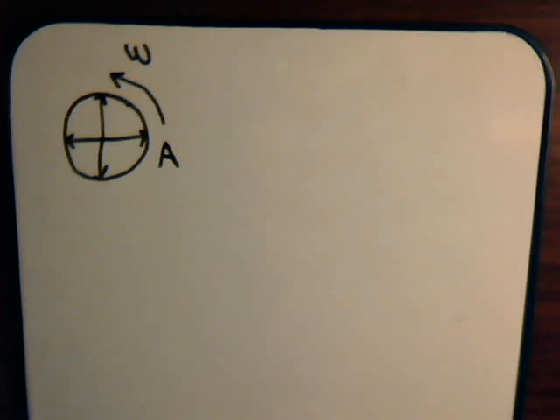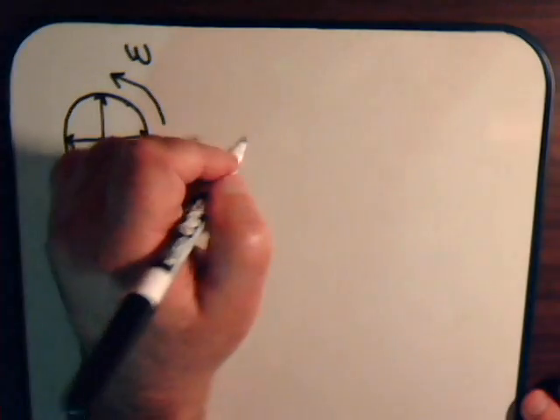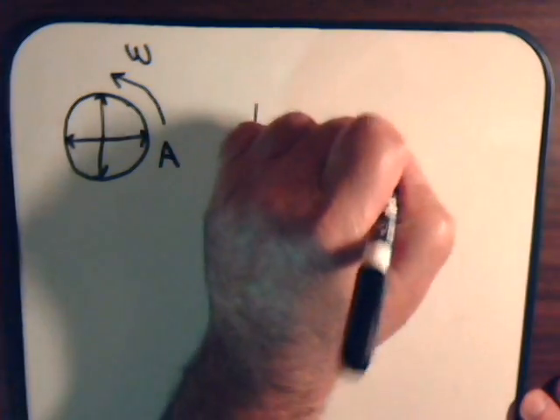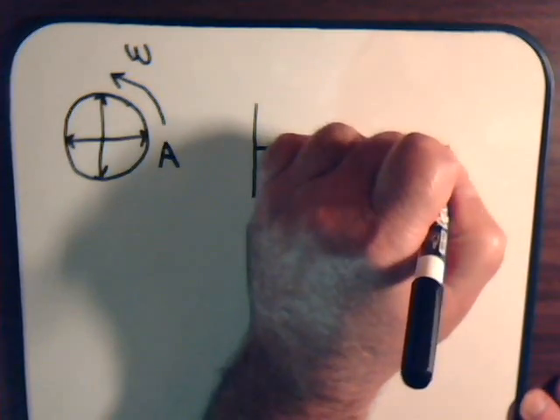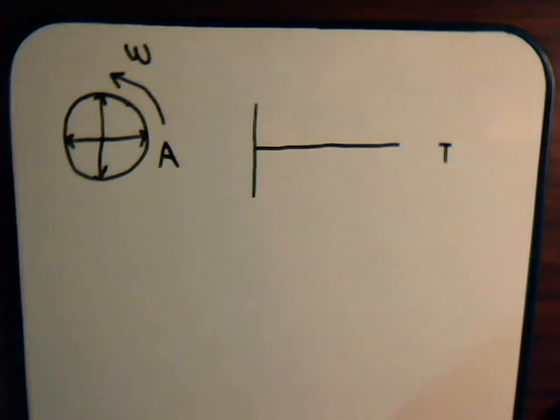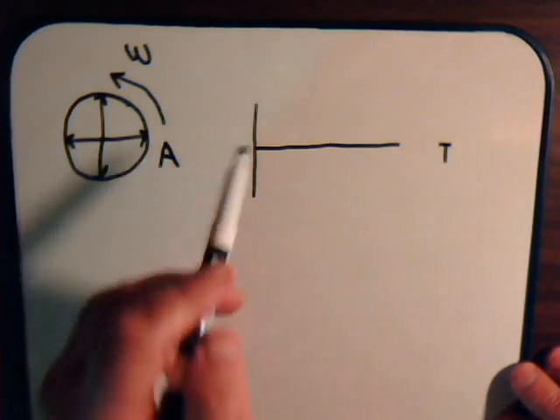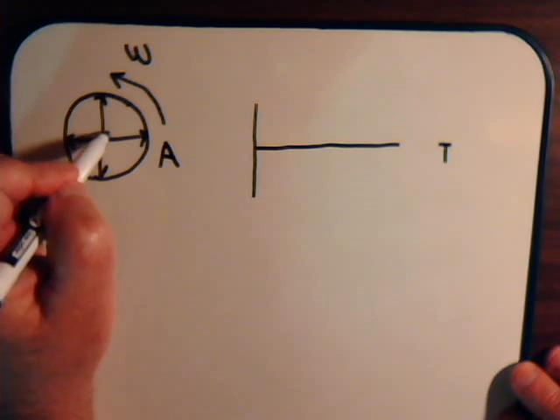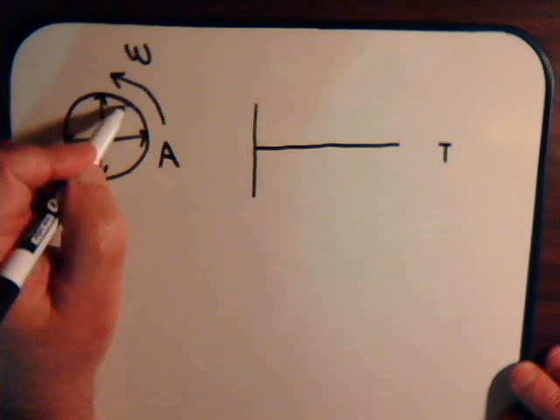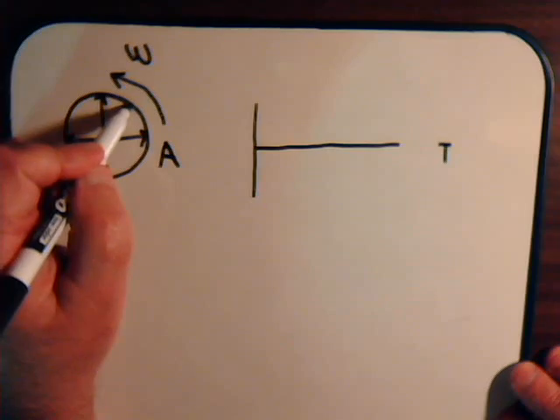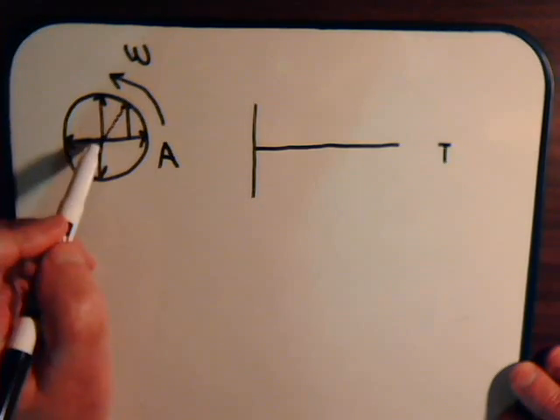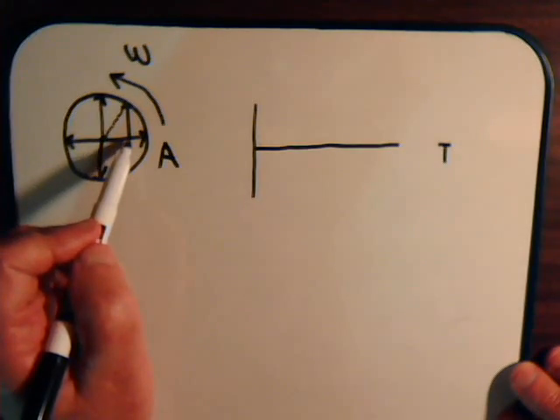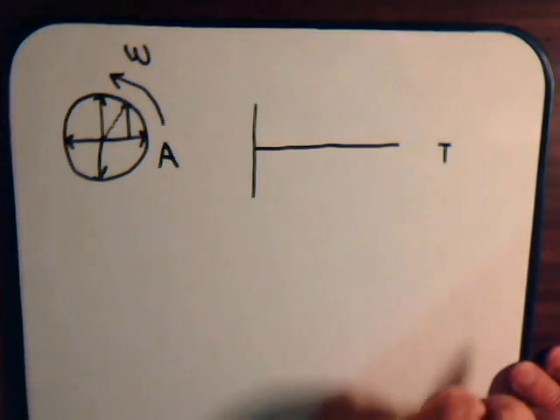And as it sweeps around the circle, we can also see how this could be representative of a sine wave. Because here, let's just say that the height on this graph will be the vertical component of the vector. So if the vector is right here, the height on the graph for this corresponding position would be that same height.